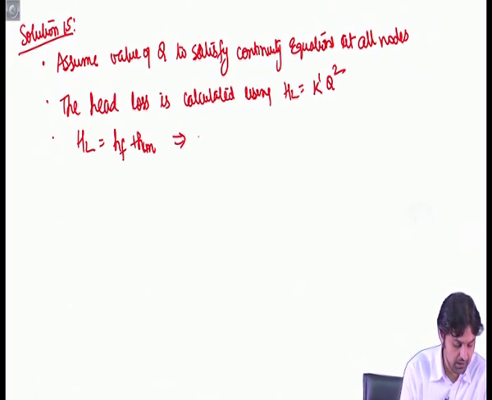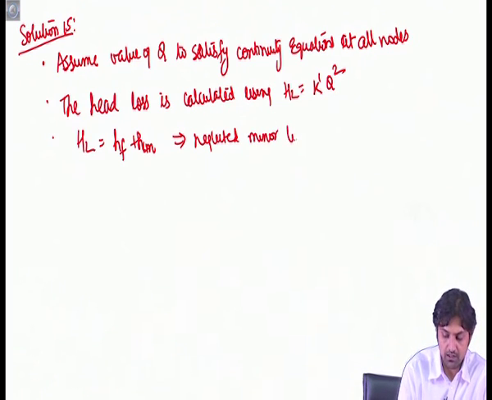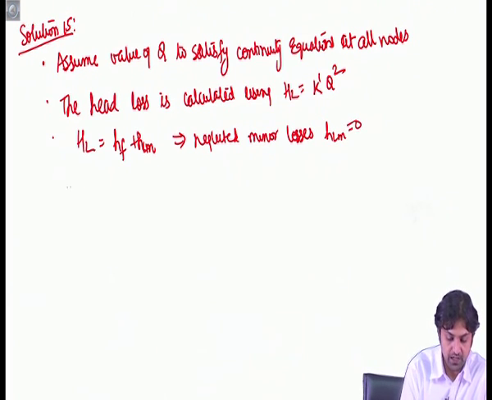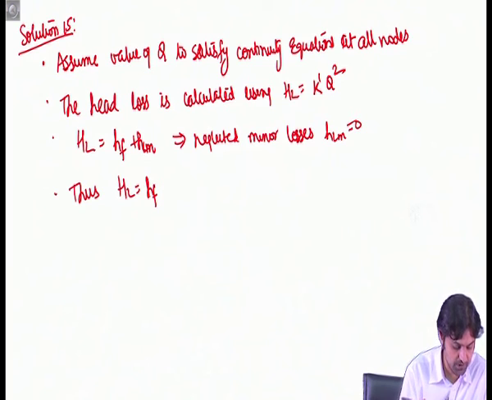In the current case, we have neglected minor losses. I am talking in general. So, HLM is 0. Thus, head loss is only HF, major losses due to friction.